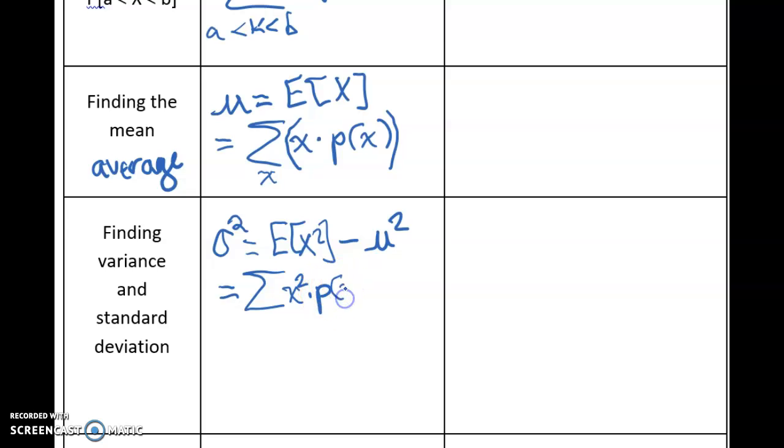The expected value of x squared is just like the expected value of x, but with an x squared in there instead. So notice that's the big difference. And then after you do this summation, you subtract the mean squared, and the standard deviation sigma, this is lowercase sigma, is just the square root of the variance. So this is the variance.